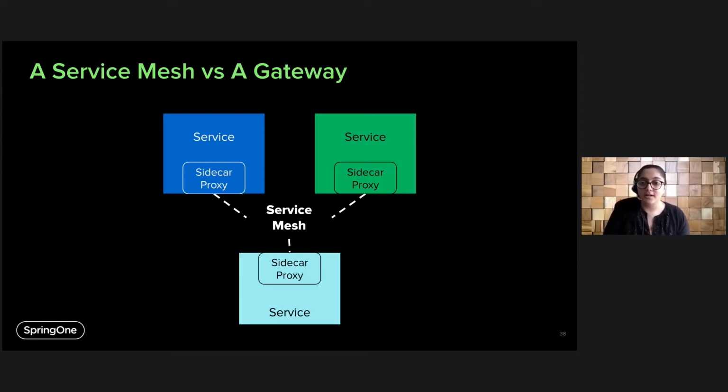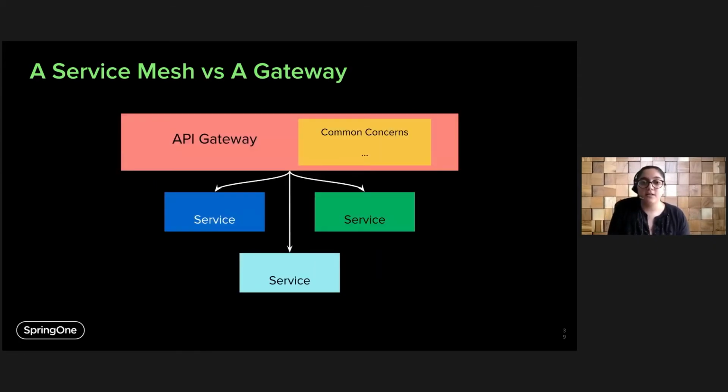In contrast, a gateway, an API gateway, wants to take all of these capabilities into a different abstraction layer, very distinctly away from all of the underlying services that it's connected to. An API gateway also tries to solve all of the common concerns between all of the underlying services while remaining decoupled from the underlying service.